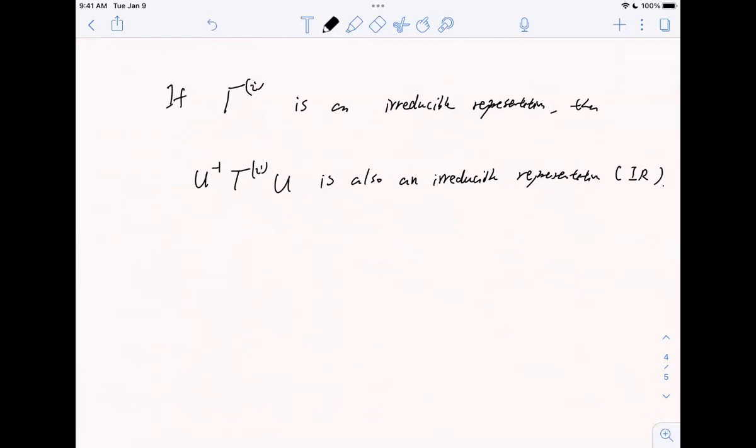So what is a trace? Suppose you have your R. The trace is when you take the mu-mu element and sum over all the diagonal elements. We give a name to this trace: we call it the character, and we use chi to represent it.